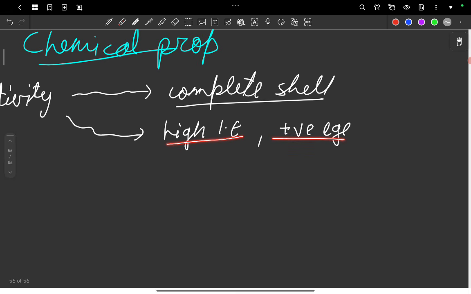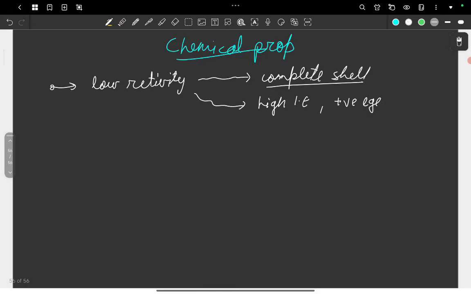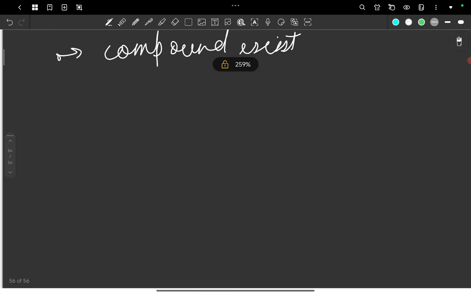Both of these are energetically unfavorable for the group 18 elements, and hence they have low chemical reactivity. But some of their compounds have been prepared. Compounds exist, very few in number, but they exist. So the entire procedure is mentioned here in the NCERT.